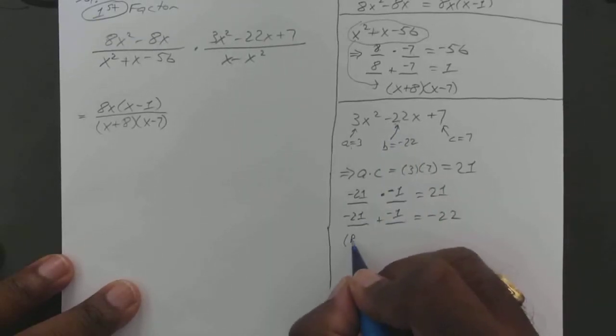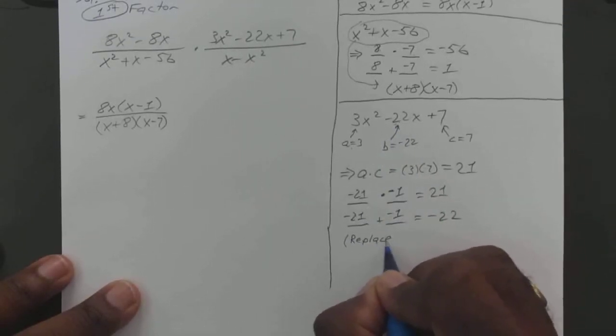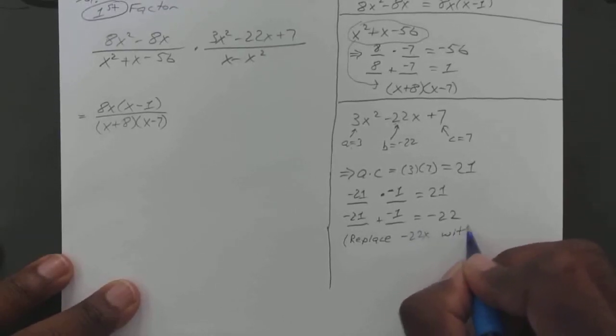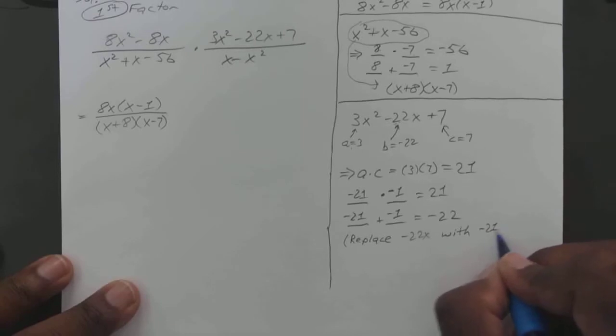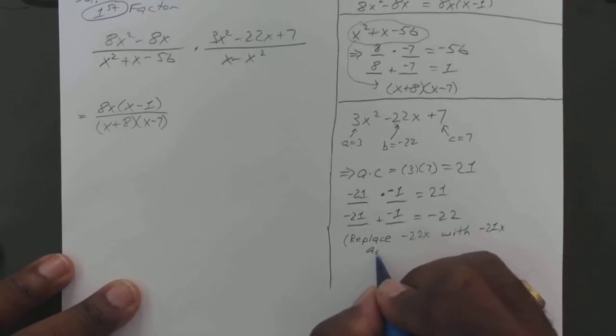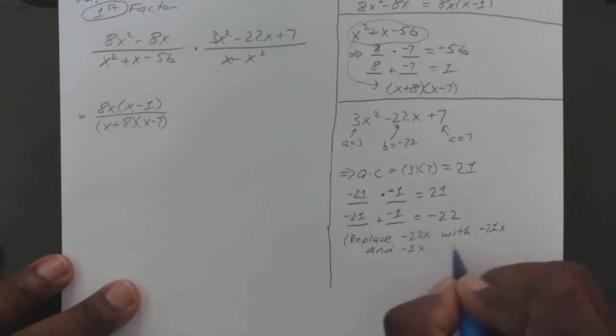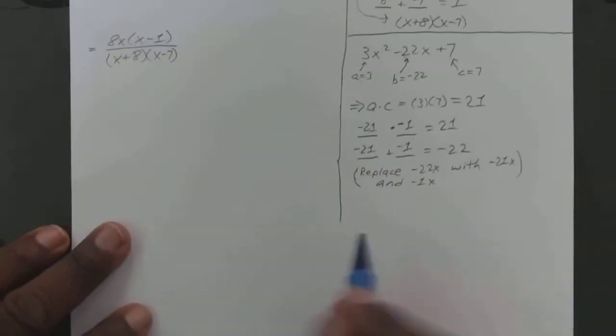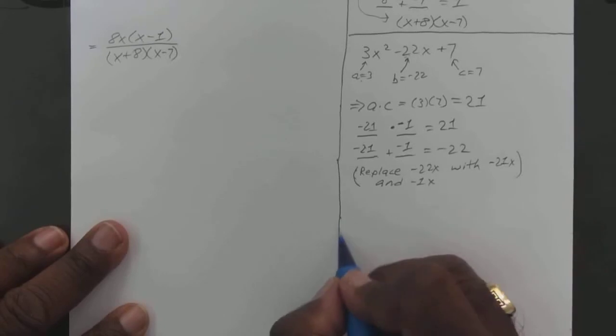Okay. So now, once we do that, we just have to get those two numbers and replace our B. Okay, so we're going to replace negative 22x with negative 21x and negative 1x.